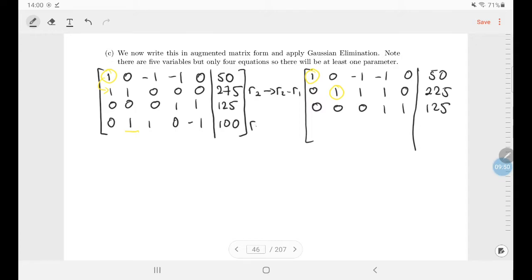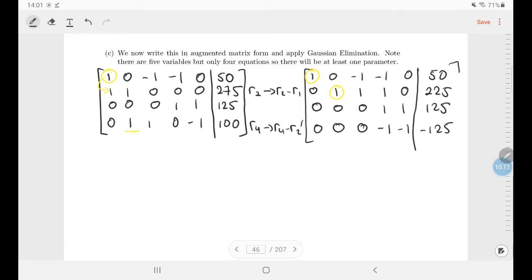So I'm going to do row 4 sent to itself minus the new row 2. So 0 minus 0 is 0, 1 minus 1 is 0, 1 minus 1 is 0, 0 minus 1 is minus 1, minus 1 minus 0 is minus 1, and 100 minus 225 is minus 125.